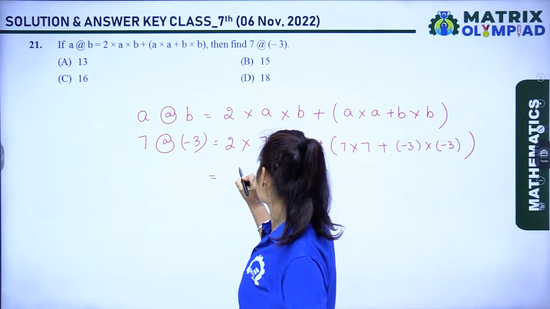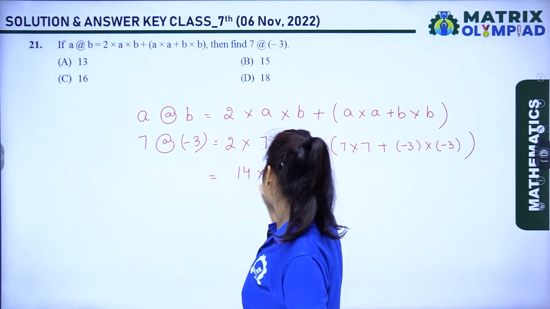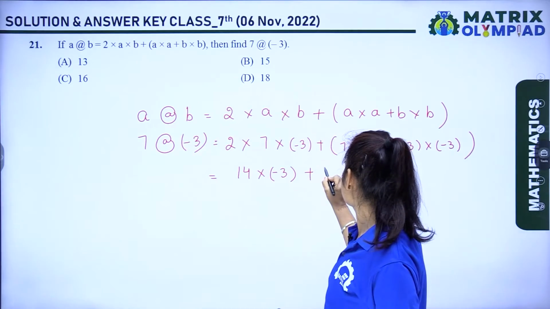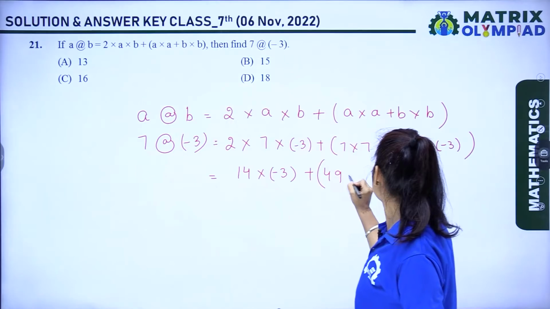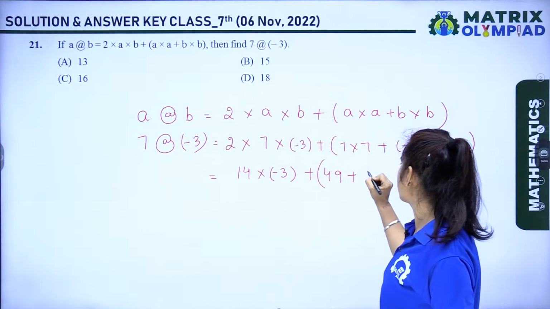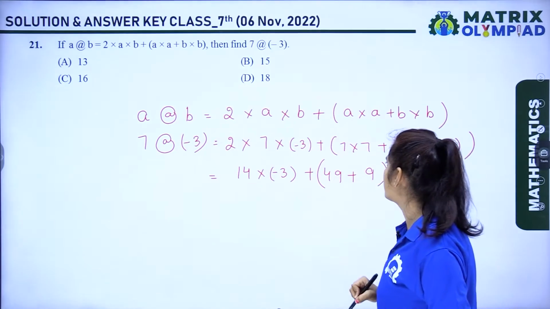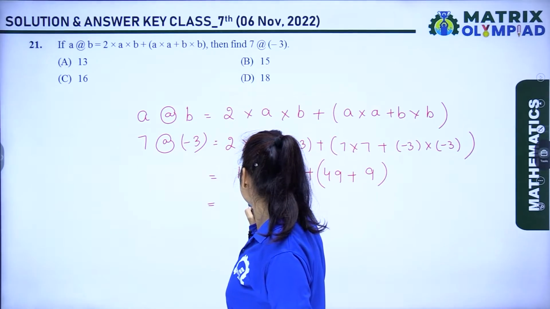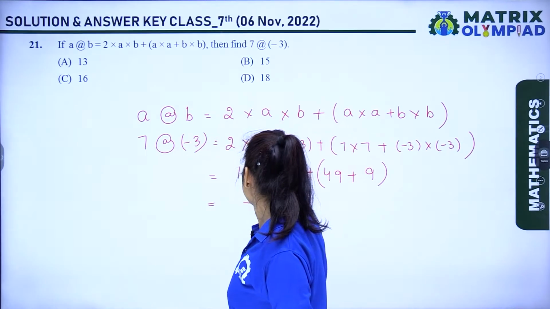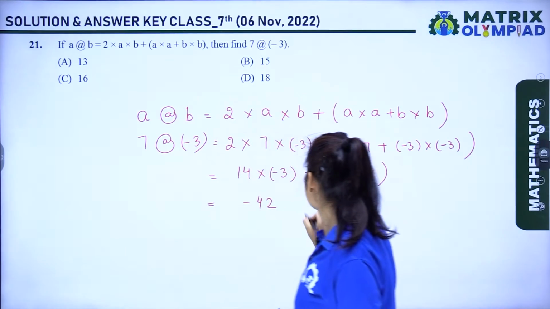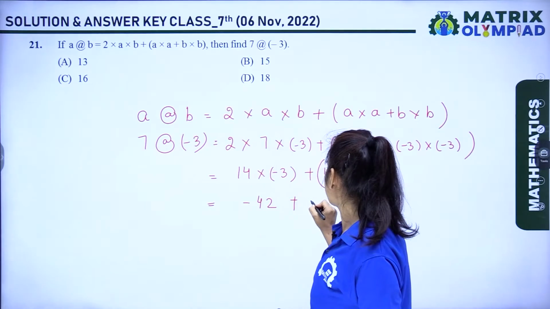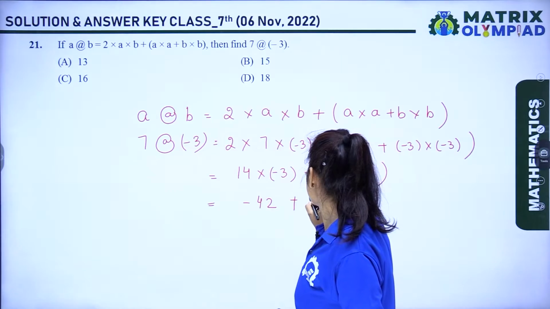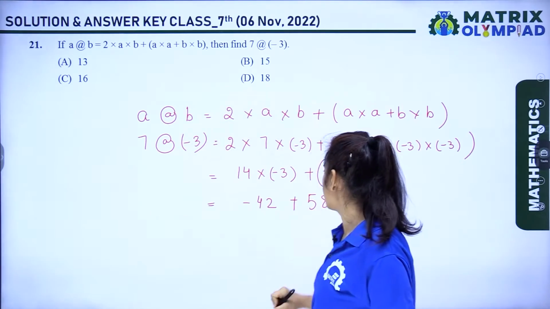2 times 7 is 14 multiplied by negative 3 plus 7 times 7 is 49 plus negative 3 multiplied by negative 3 is positive 9. Now here we have negative 42 plus 49 plus 9 is equal to 58.